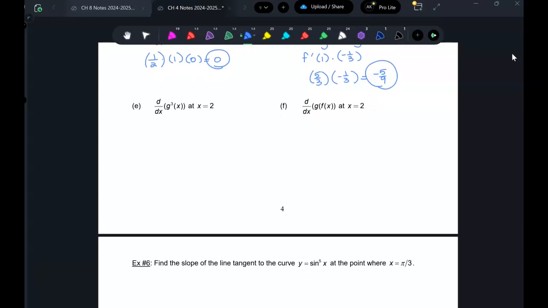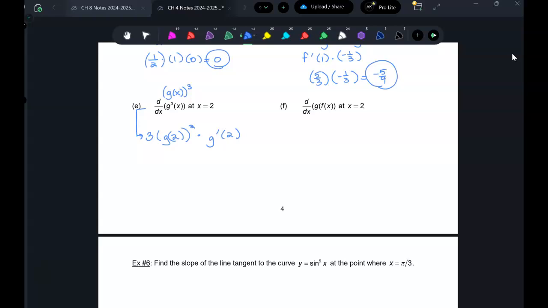So again, this g cubed really means g of x to the 3rd power. Just remember that when the cube is right next to the function notation, it really means it's on the outside. So it's going to be 3 g of 2 squared times g prime of 2.